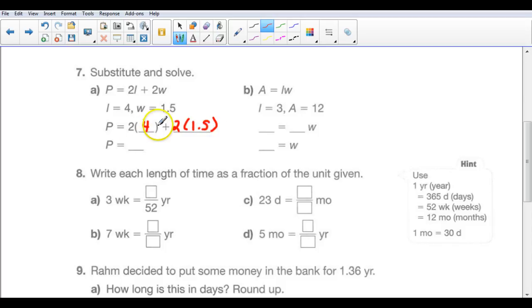Notice how the brackets just mean to multiply. So 2 times 4 is 8, plus 2 times 1.5 is 3. 8 plus 3 is 11, so the perimeter would be 11 if the width was 1.5 and the length was 4. Okay, so you can go ahead and do B.